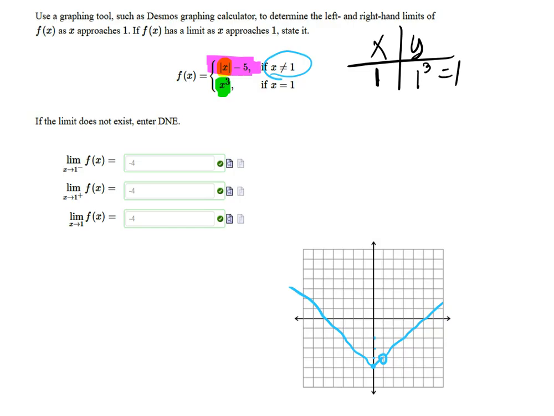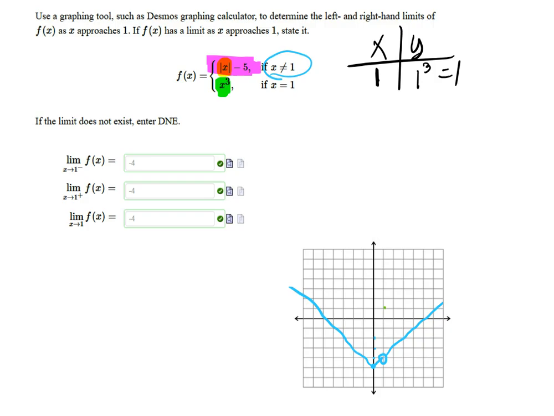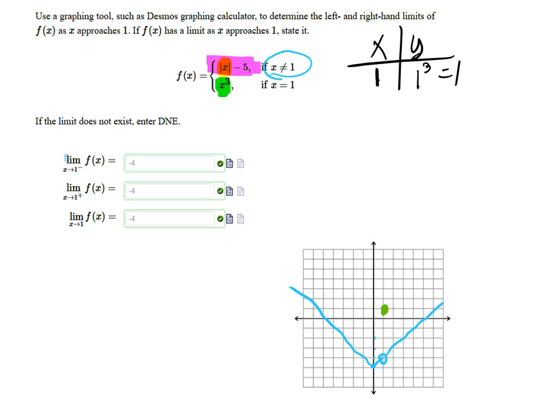So that means that point, I'll put it in green, is right here. That's that point.